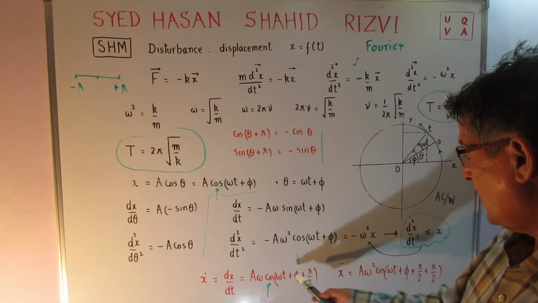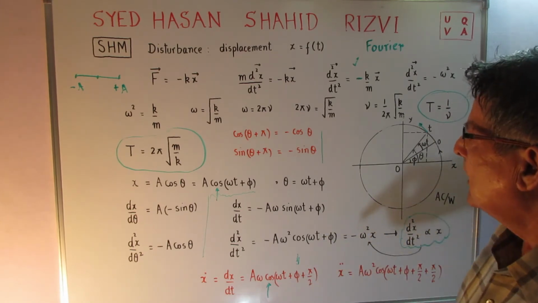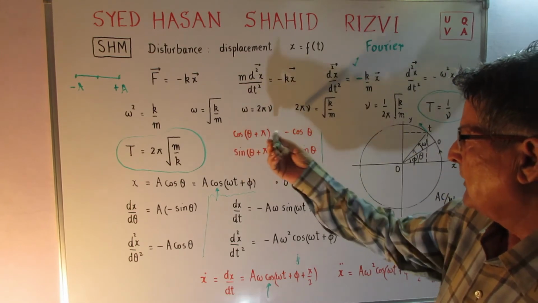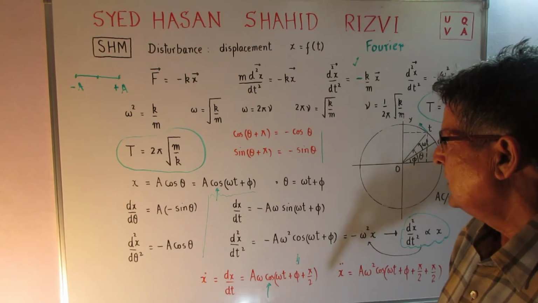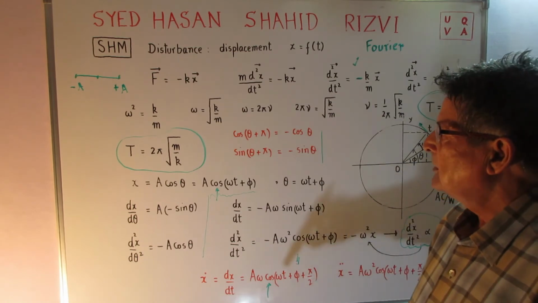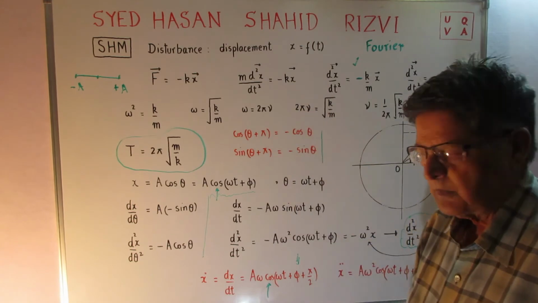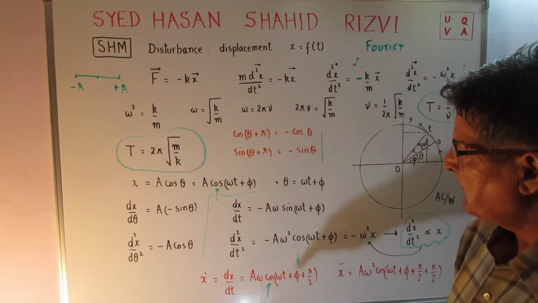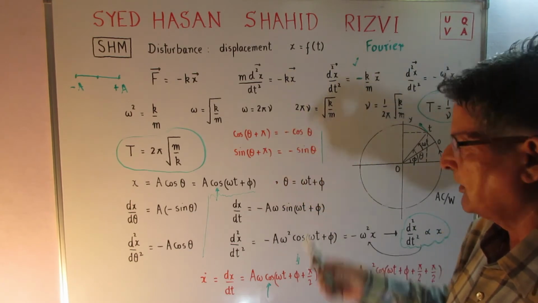So we've done it twice, so it will increase by pi by 2 plus pi by 2. Now, you know that, or you can show with the help of compounding, that cos of theta plus pi is equal to minus cos theta, and sine of theta plus pi is equal to minus sine of theta.